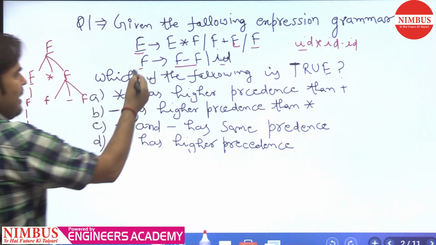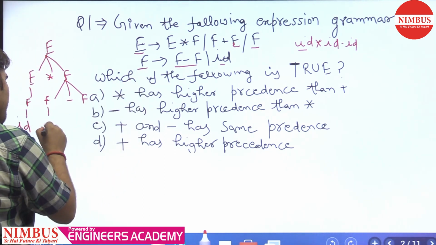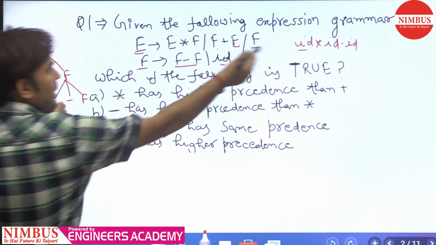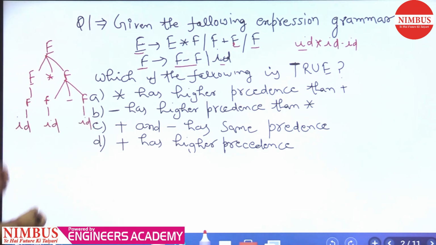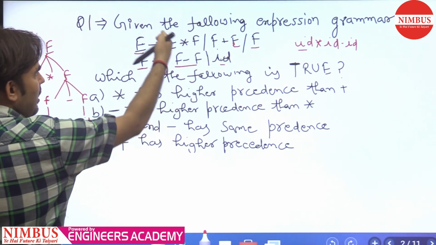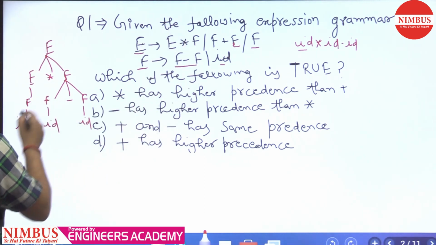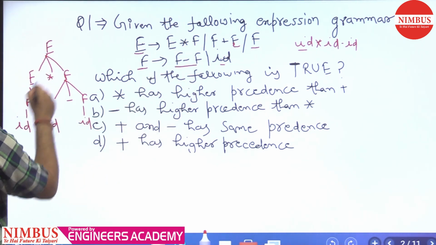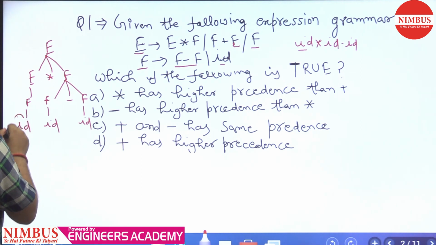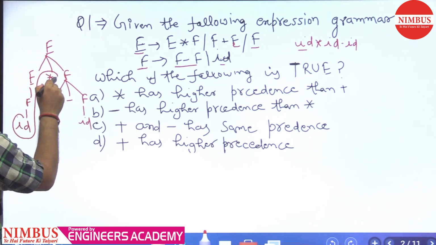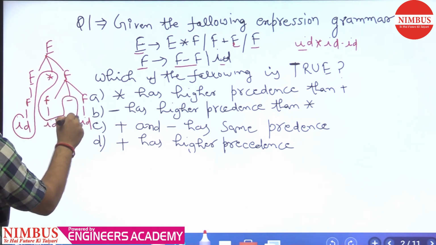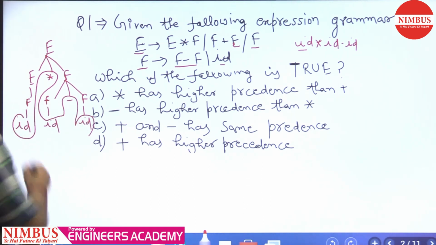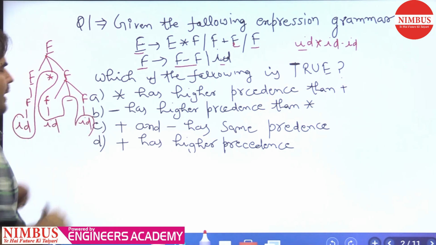Now we can replace this F by id, and minus is there, and after that this F also id. So we are getting this string from this grammar, okay. This is a parse tree, so which we are getting from here. यहाँ से हमें ये मिल रहा है, ठीक है. We are getting id asterisk id minus id, okay.